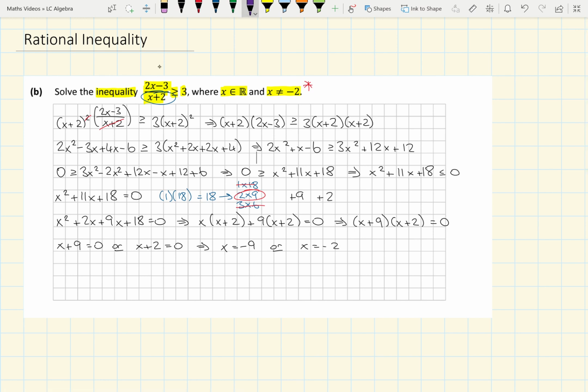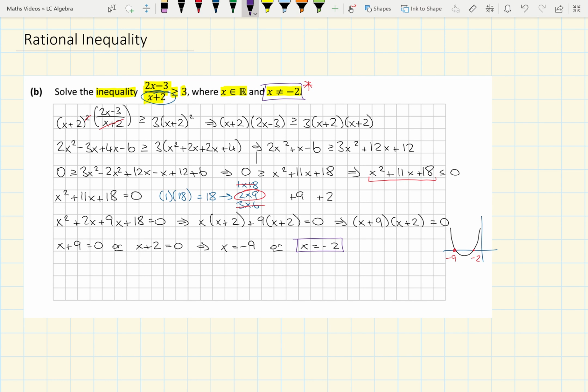Now we come back to our condition. So here, we just need to check what our inequality should be. So a really rough sketch of our quadratic. We know it crosses at minus 9 and minus 2. And from here, they've told us they want the points where it's less than or equal to 0.